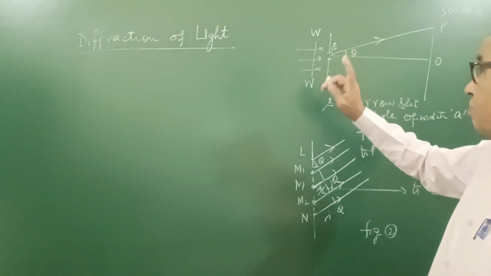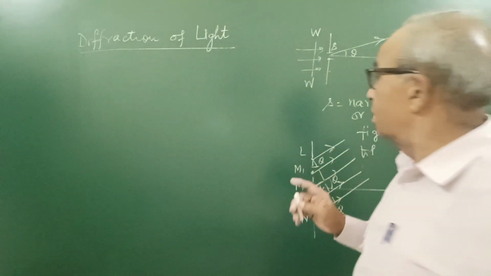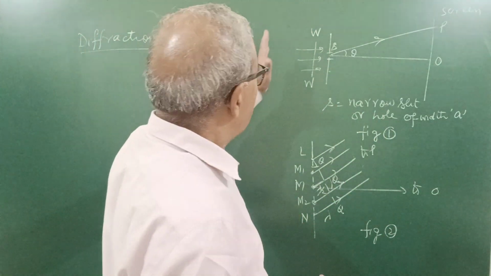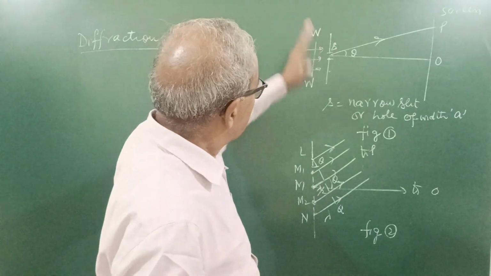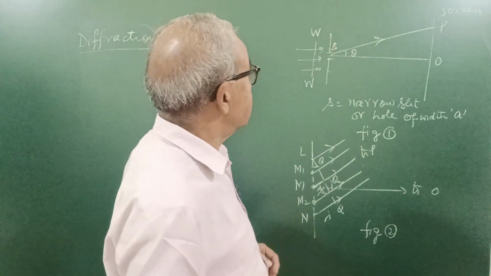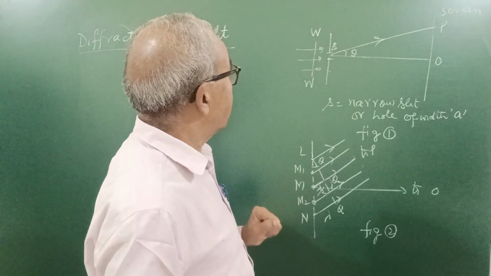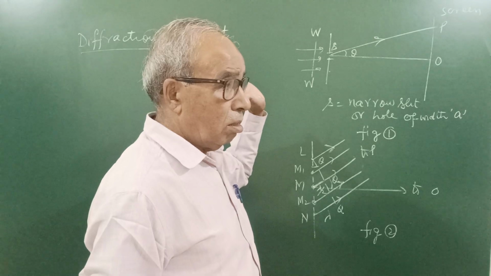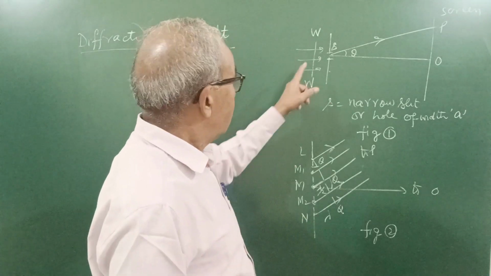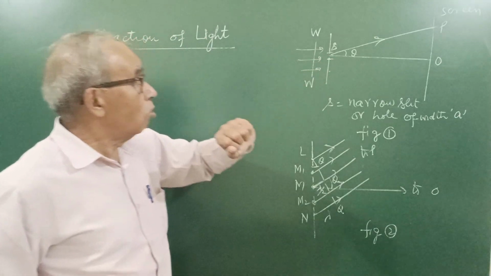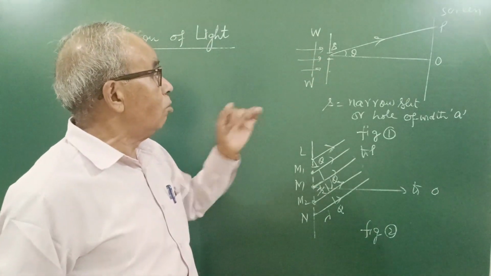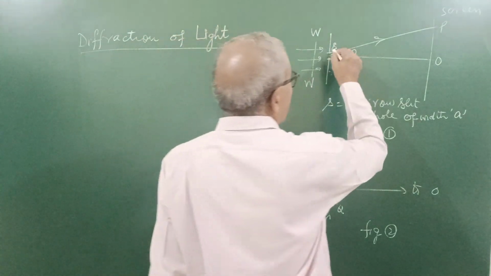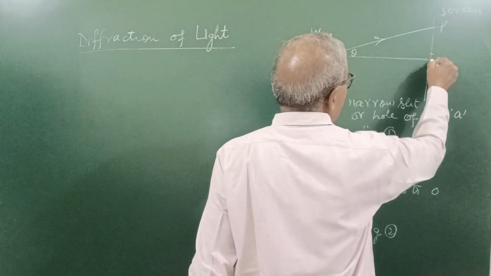First of all, I will tell you what this is. In figure 1, here is a narrow slit S. A monochromatic light is incident normally in the form of plane wavefront WW on slit S. Now, according to ray optics, this is the width, so light should be only in this part.